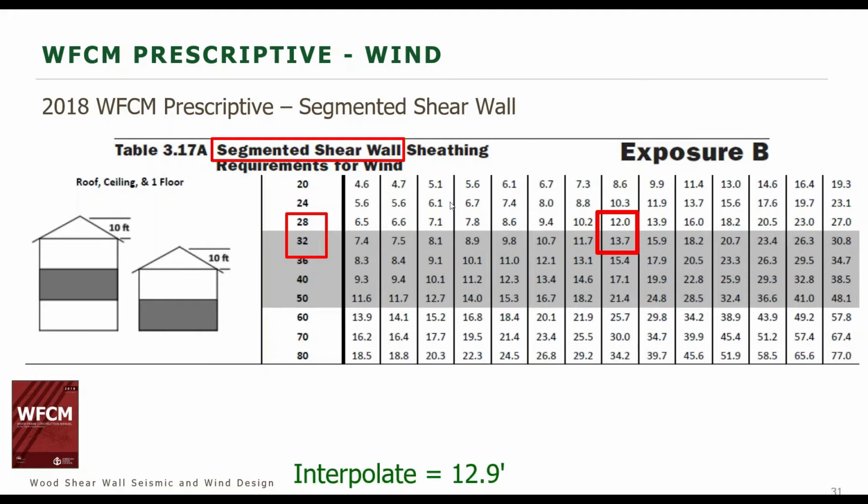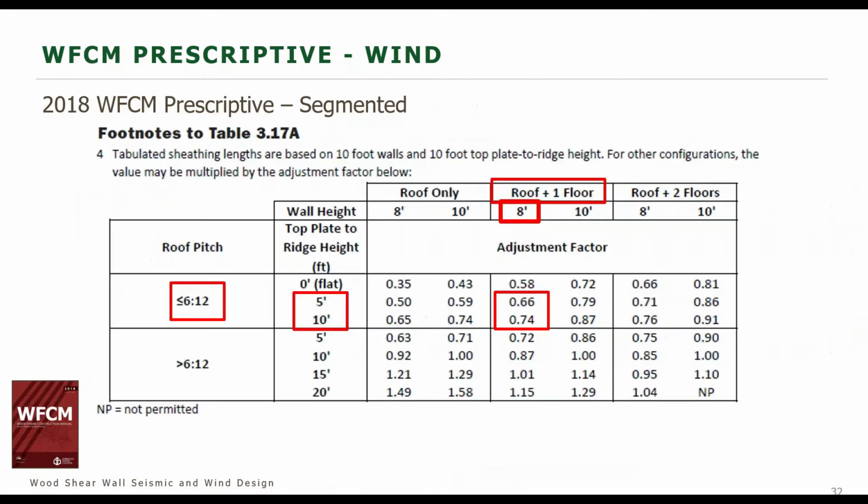So using the interpolation between 28 and 32, because our wall is 30 feet, we get 12.9 feet. We're going to adjust that using footnote 4 here in table 3.17A, and that allows us to adjust it based on the fact that our wall height is only 8 feet instead of 10 feet, which is assumed in the table.